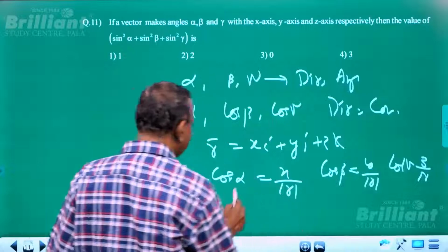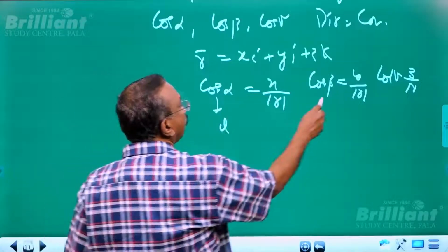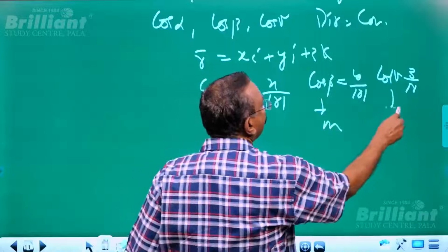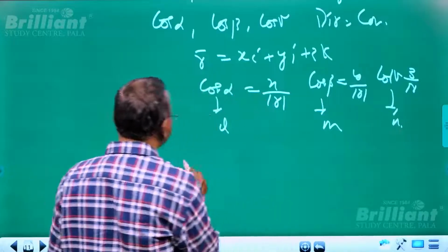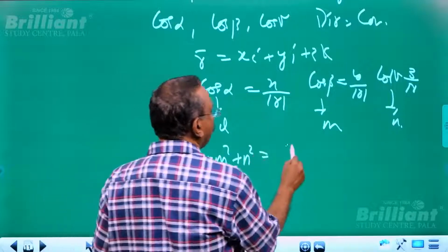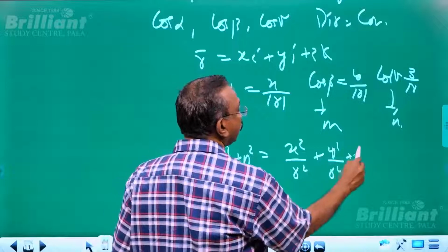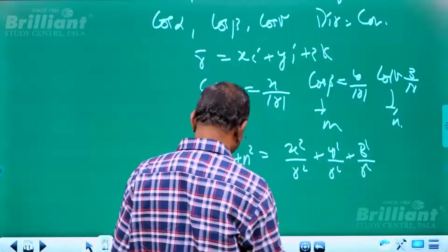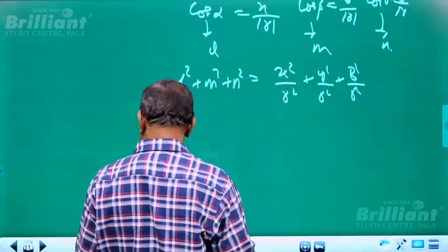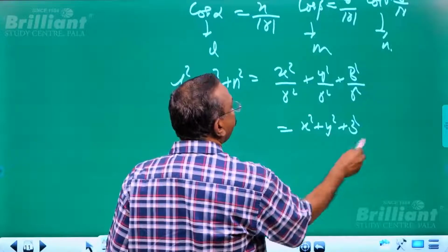So these will be referred to as L, M and N. So L square plus M square plus N square is equal to x square by r square plus y square by r square plus z square by r square, which is x square plus y square plus z square divided by r square.